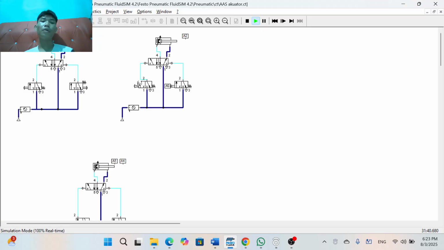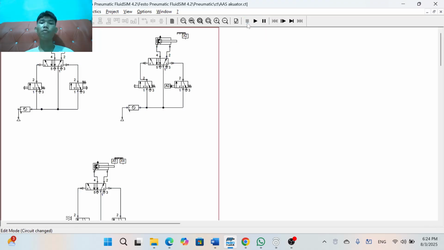So when I press the push button valve 3 per 2, the cylinder will be extended, and in real life the limit switch will be put right here, just like that. So when the cylinder extends, the cylinder hits the limit switch.